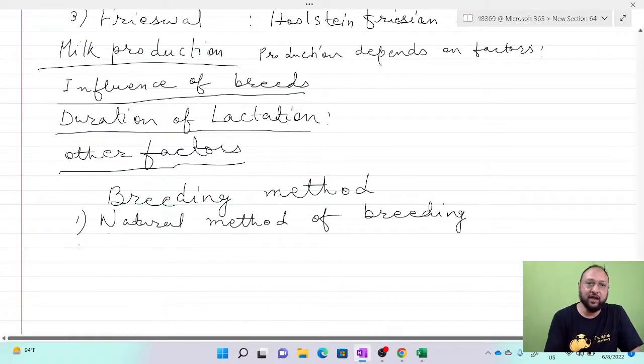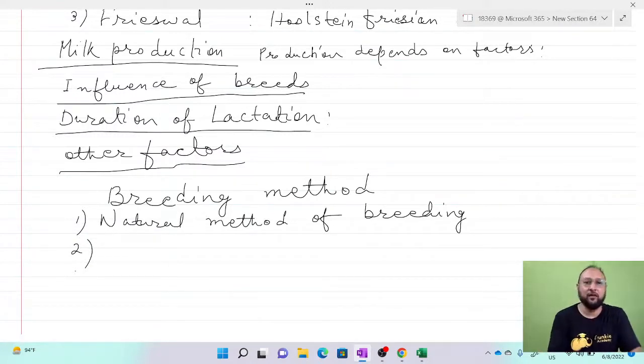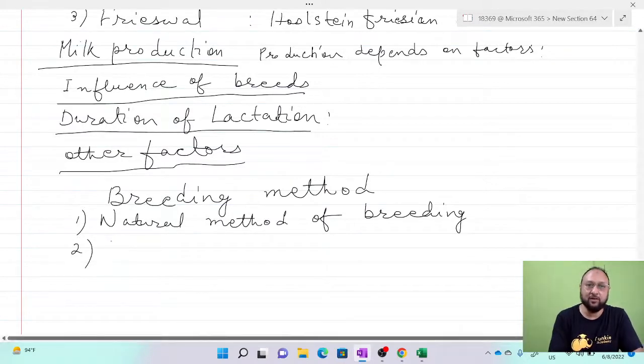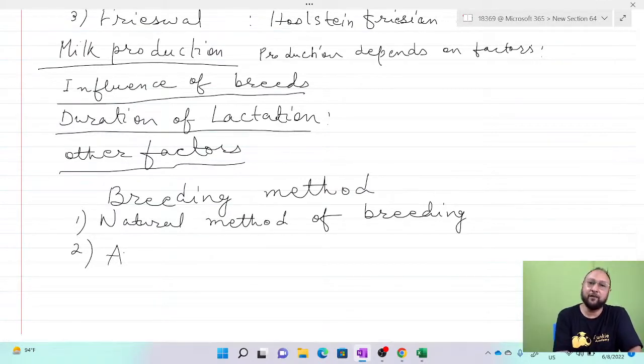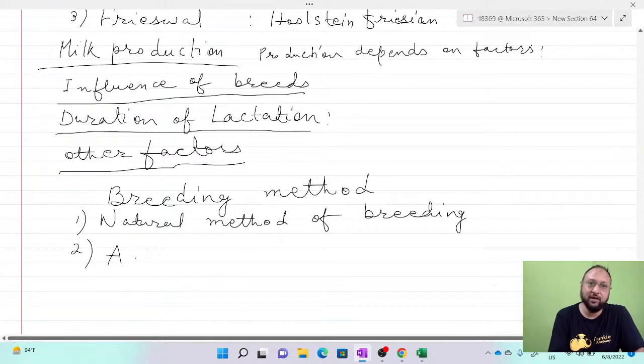Now in the case of the artificial method, scientifically this method is called insemination. Insemination means we are obtaining the semen of one breed and injecting it into the females of another breed for fertilization.